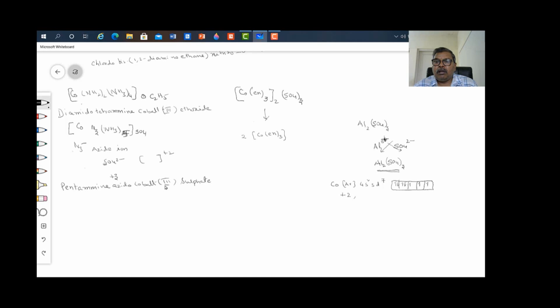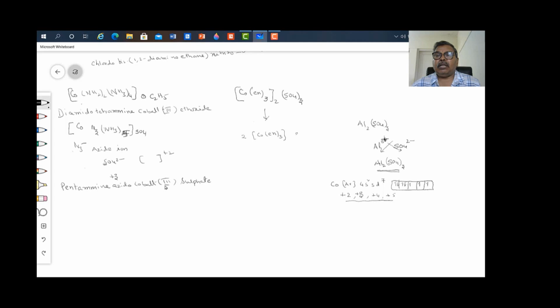By utilizing 2 electrons from the outermost orbit it can exhibit +2, and along with unpaired electrons in the d subshell it can exhibit +3, +4, +5. So it can exhibit all oxidation states from +2 to +5. Therefore, we cannot decide the oxidation state of cobalt or the charge on the cation.